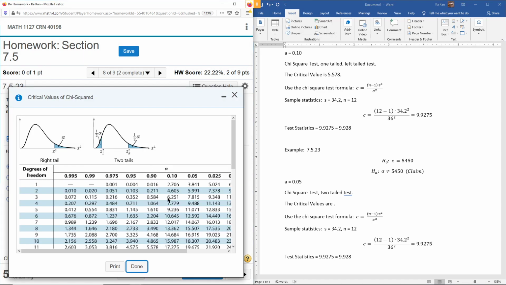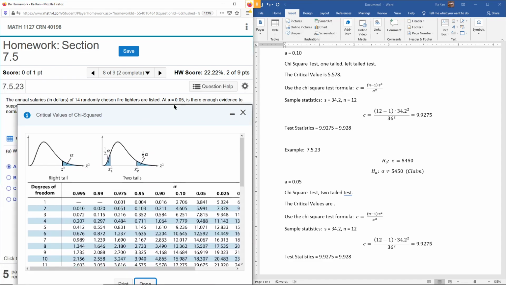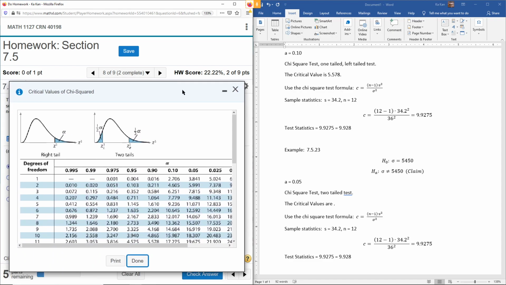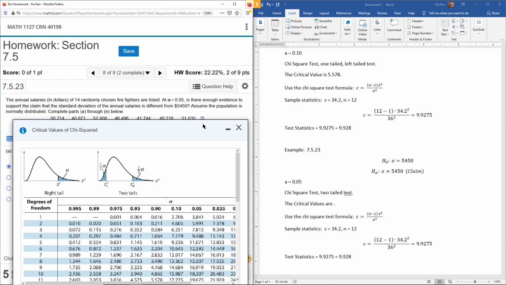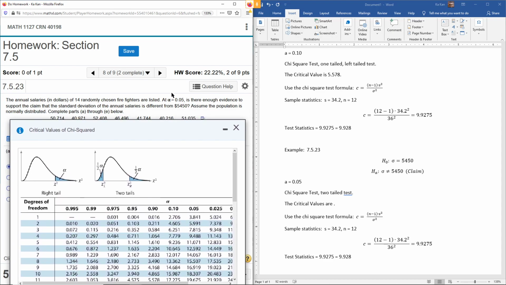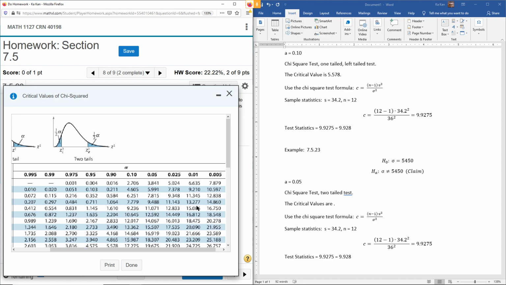Again, this is on your formula sheet, or you can use the calculator that we had before. Alpha is 0.05. So here's the problem. If alpha is 0.05, you have to divide by 2 because it's a two-tail test. So you have to look at 0.025 and 0.975. Those are the two ends.